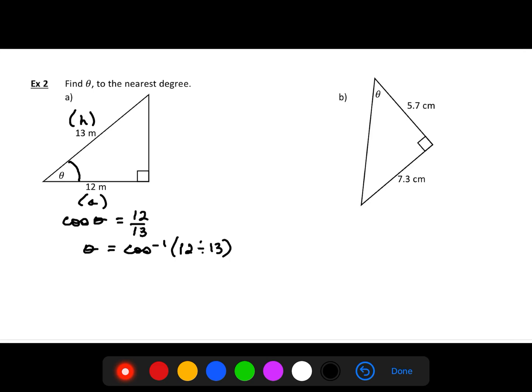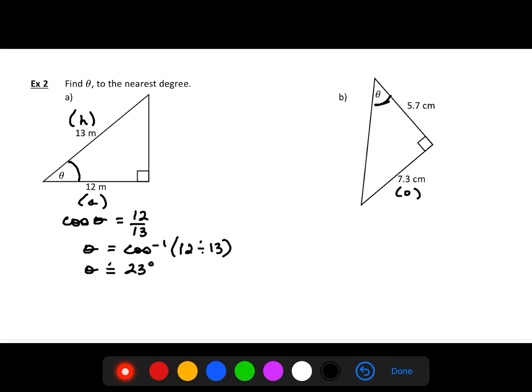So 12 divided by 13, and then we do our second cos, and we round angles to the nearest degree. Rounding this one, we get 23 degrees. Just a reminder as well that if you're not getting the right answers, make sure that your calculator is in degree mode, because you will not get the right answers if it's not in the right mode.